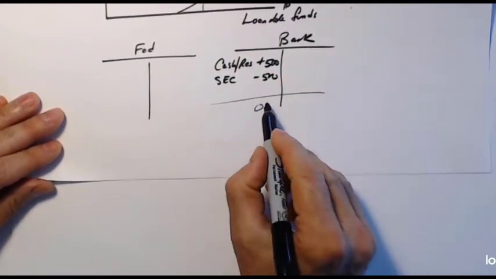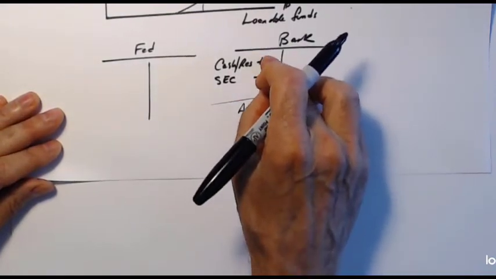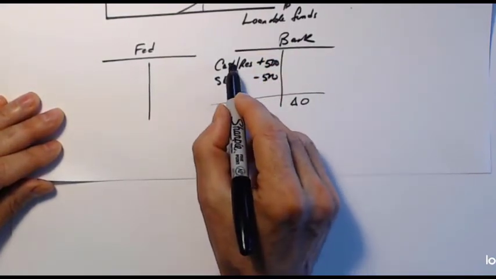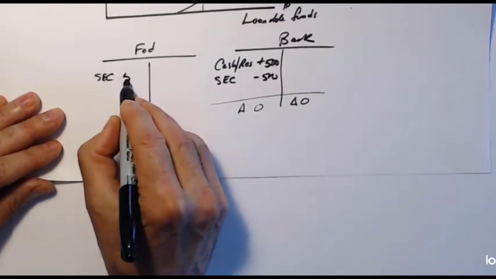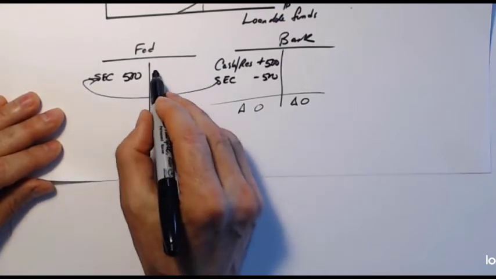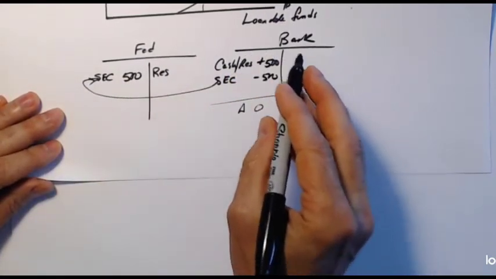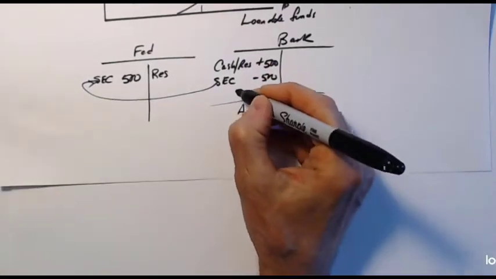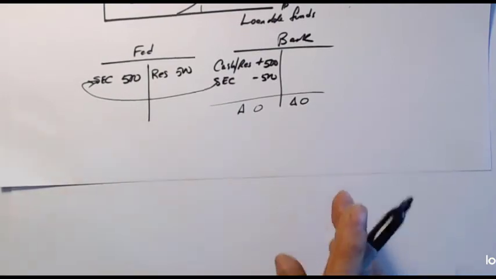So there's no change in assets and no change in liabilities in total. It's just a swap. You liquidate securities, you get cash. The Federal Reserve now has a security on its books for $500 because this security went over to here. And the Fed issues reserves with a click of a mouse or the stroke of a pen, $500. And so there you have it.